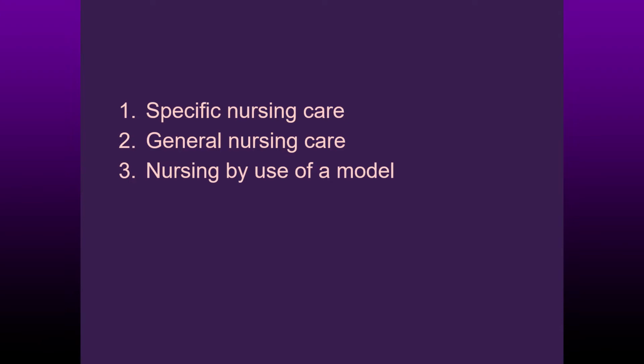So how do you provide such type of care as well? So this is what I'm going to talk about. Okay. So as you are reading your question, you have to make sure that you check for these three. You rule out. You see in your question if it's asking for any of these.